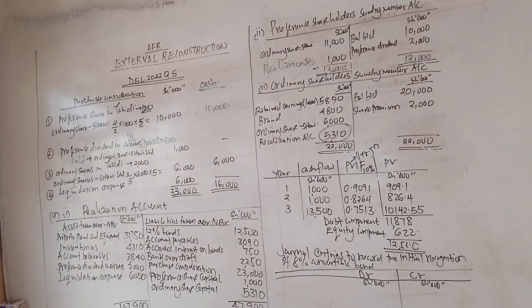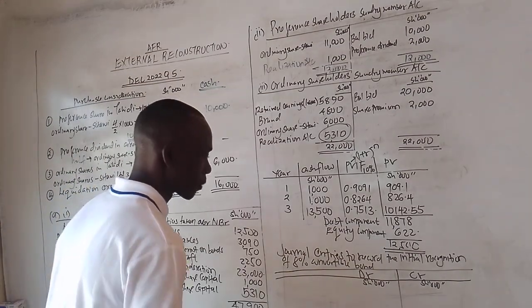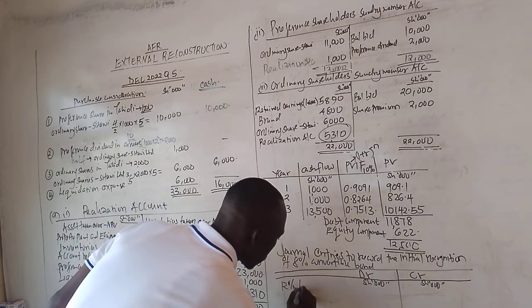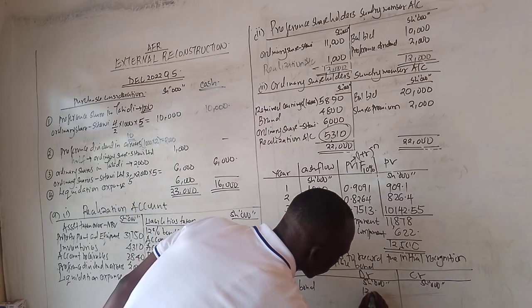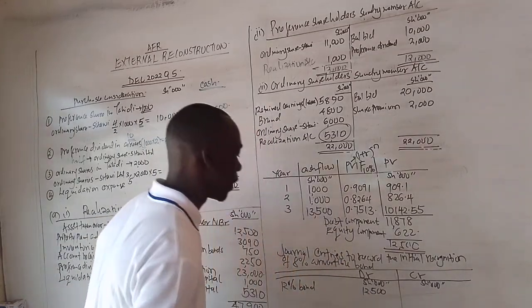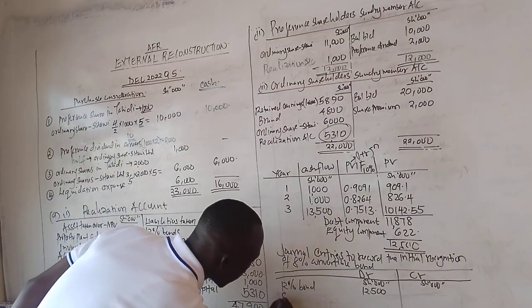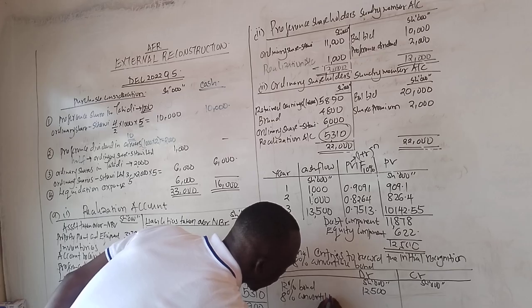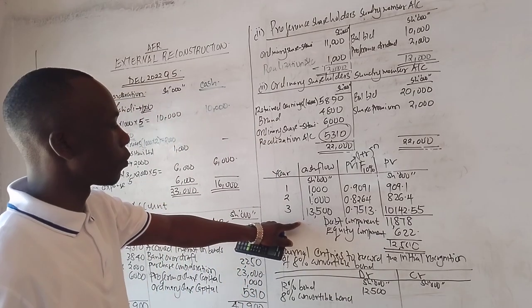So from there, we start by writing off the previous bond. So the previous bond, remember we had a 12% bond. The 12% bond was amounting to 12,500. Then from there, we are going to recognize the 8% convertible bond. The 8% convertible bond is going to amount to how much?